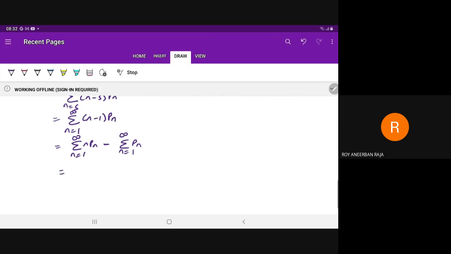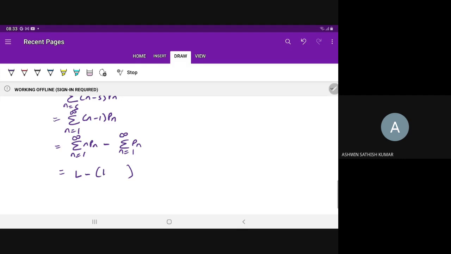Now please observe what is the first summation? Yes, it is the L, n into pn, from n is equal to 0 to infinity, either you write, or 1 to infinity you write, both are the same thing. So it is the L. And what is the second summation? Not 1, not 1. Please see carefully. 1 minus P naught, because 1 is summation of all probabilities.